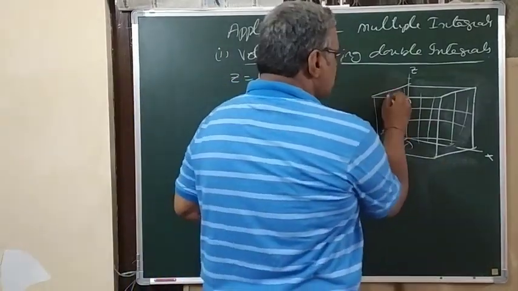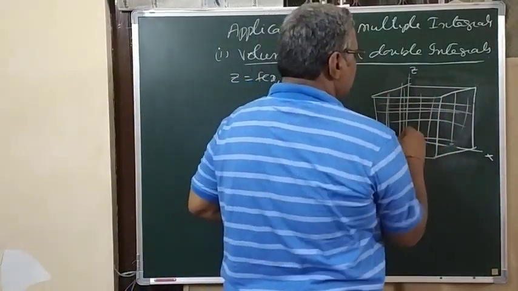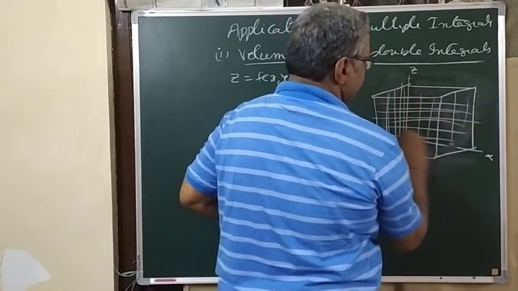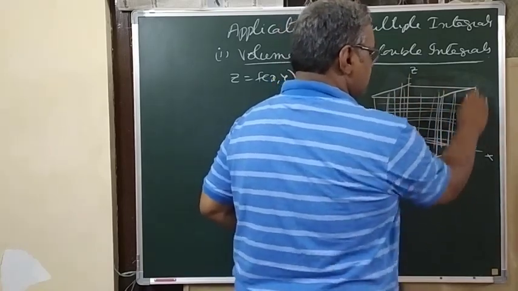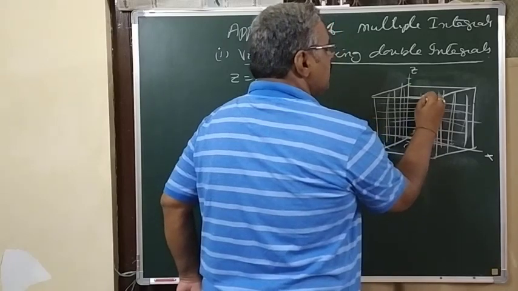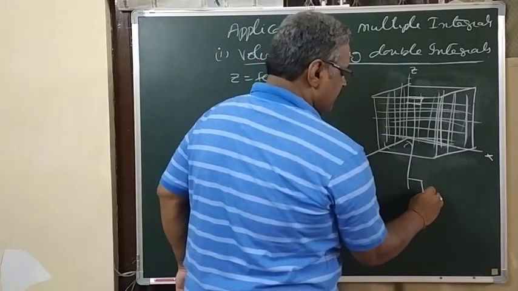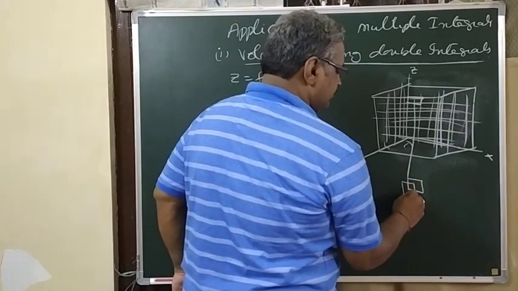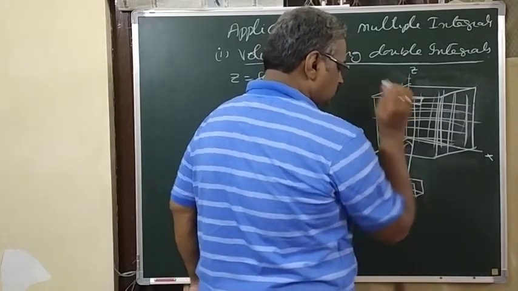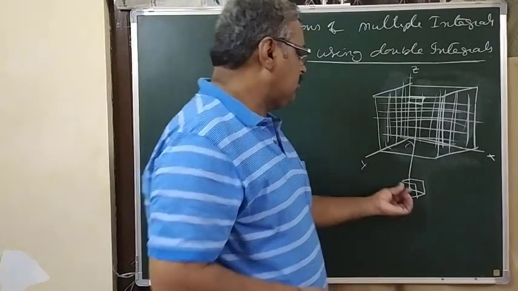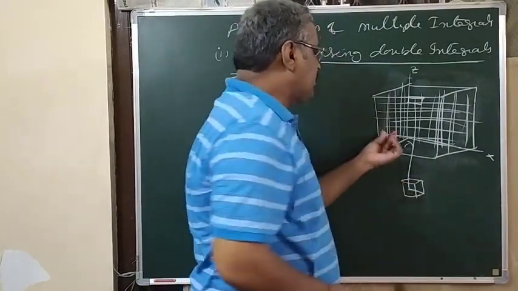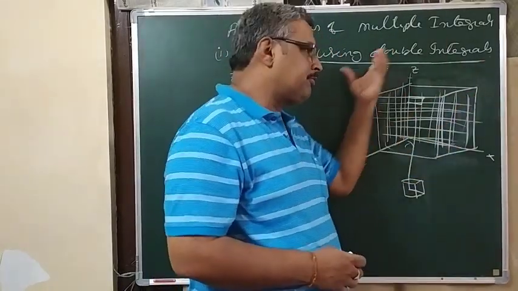So divide into smaller pieces. Each piece looks like again a cube. This is one of the cubes. In a similar way we will get an infinite number of cubes.